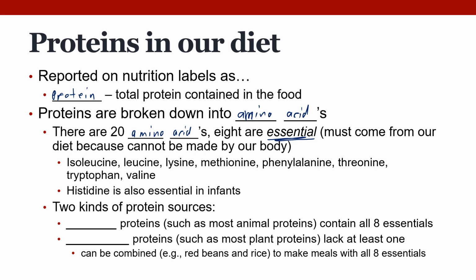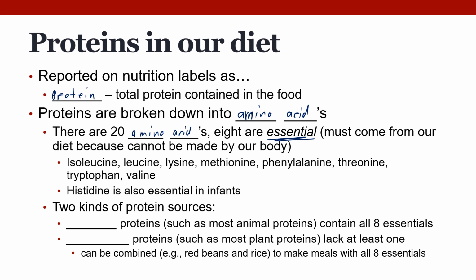And while your body technically needs glucose to run, it's not considered an essential part of your diet because you can, as we saw on the previous page, run certain pathways backwards to make alternative fuels. The 8 that are essential are isoleucine, leucine, lysine, methionine, phenylalanine, threonine, tryptophan, and valine. And in infants who haven't quite gotten their digestive system up to speed yet, the histidine is also considered essential.